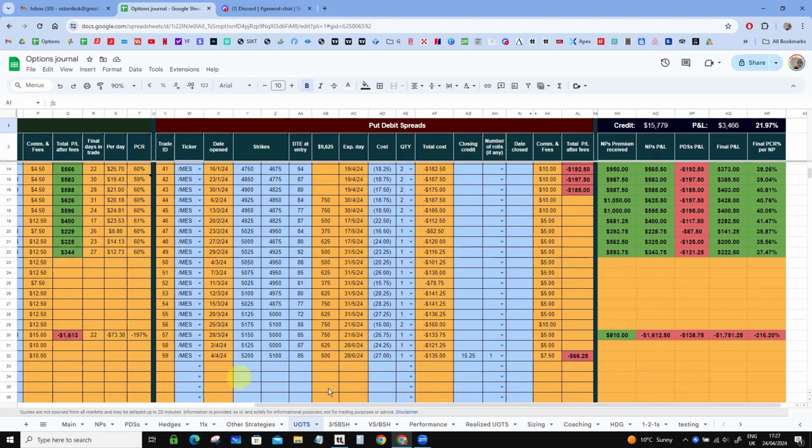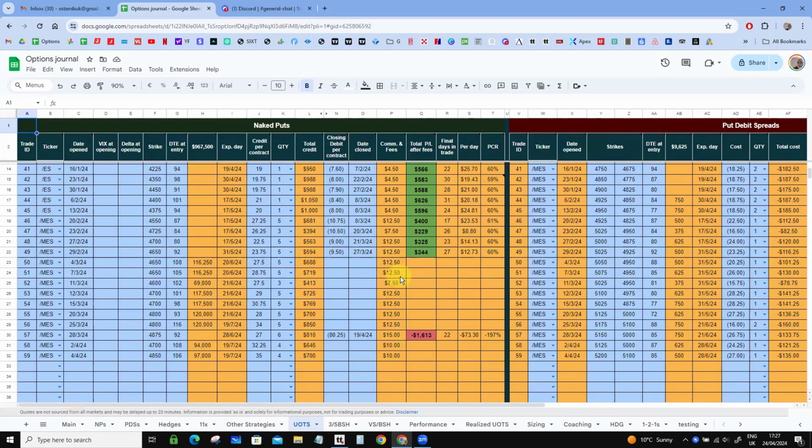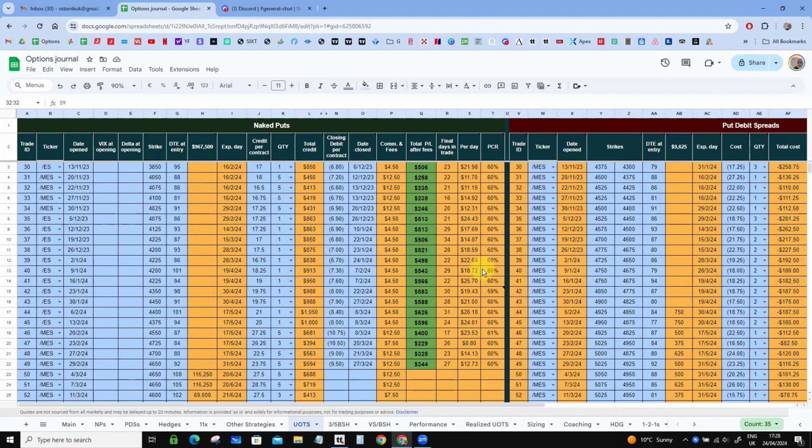We have a few more trades going on, and basically we put a trade on at the same time. We put on naked puts, and then we put on the put debit spread. We record and manage them still separately, but the metrics are on the same line, and they'll have the same trade ID, so you can match what you opened at what time. I think it's going to be really good, and we'll be able to add more metrics to this.